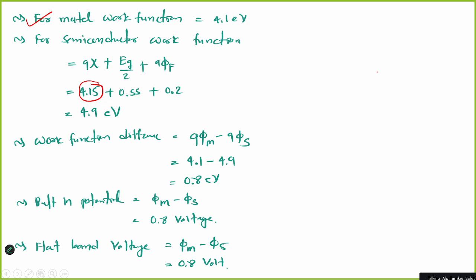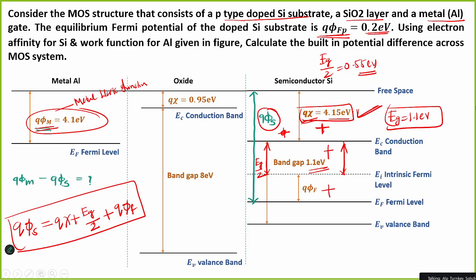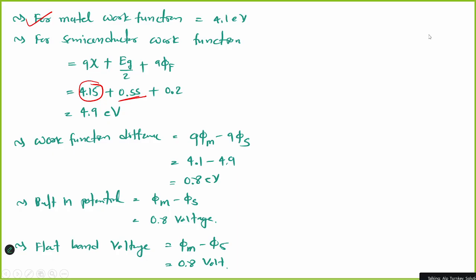And q times phi f is already given in the problem, 0.2 electron volt, the equilibrium Fermi potential. So if you add, you are getting 4.9 electron volt.